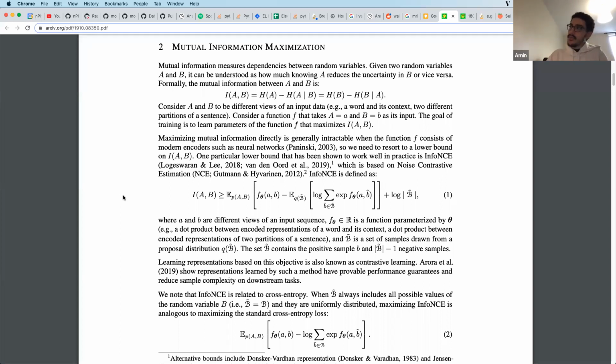So what actually happens is, in practice, you want to maximize a lower bound on the mutual information. And this is given by this equation.